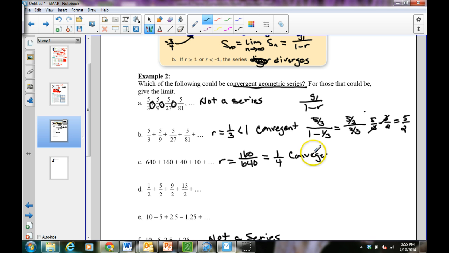And then the next one is... Yep. So we're going to take G sub 1, that's 640, over 1 minus 1/4. 640 over 3/4.